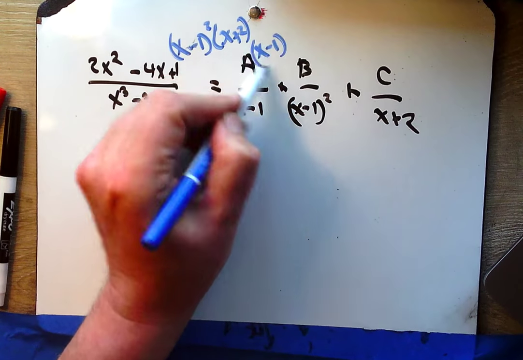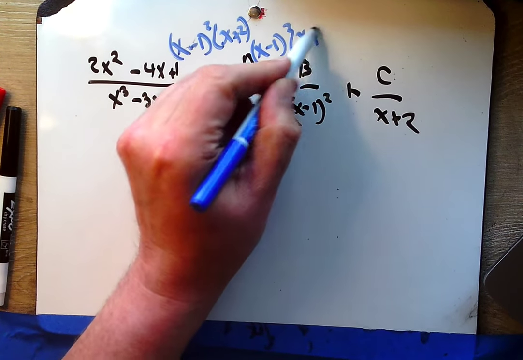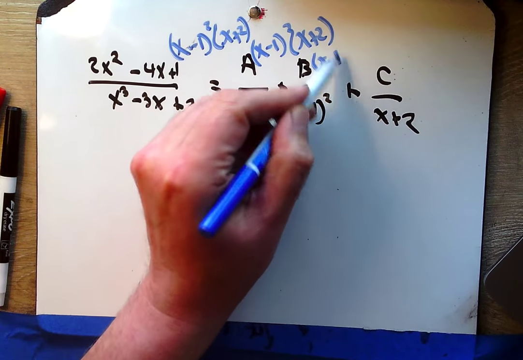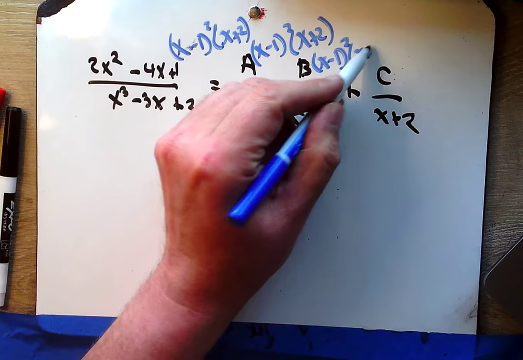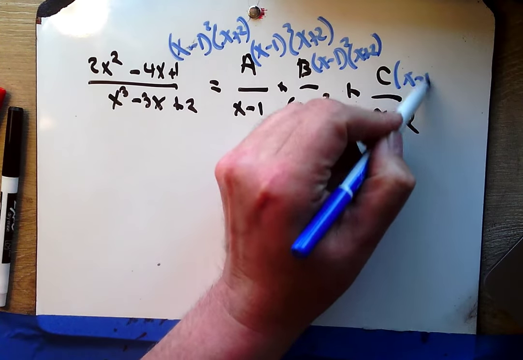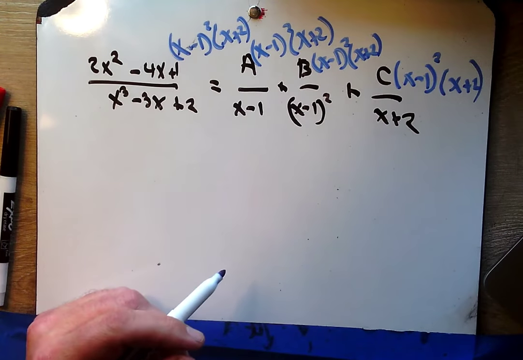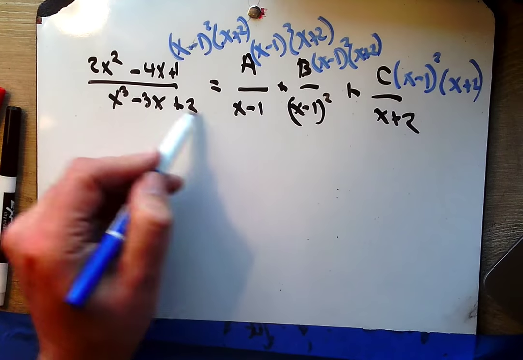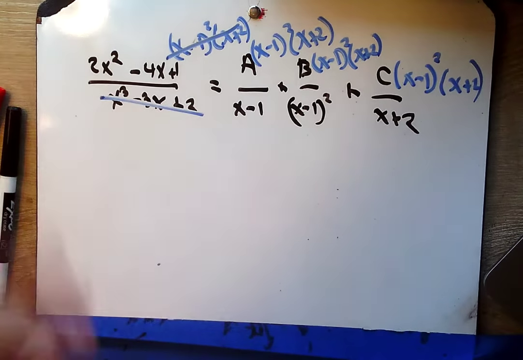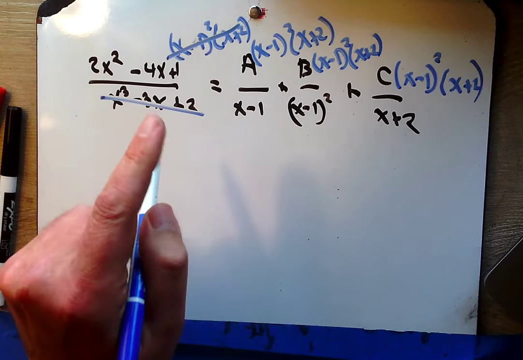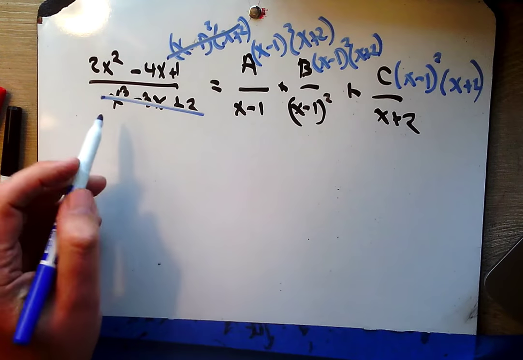Again, I really do write it out because I'm tired of making those mistakes. You don't have to write it out. When you make that mistake, don't come sad to me.